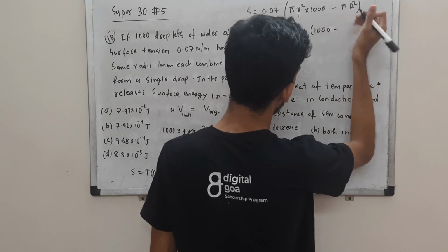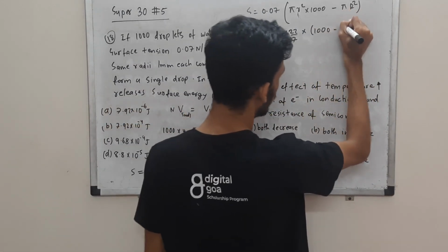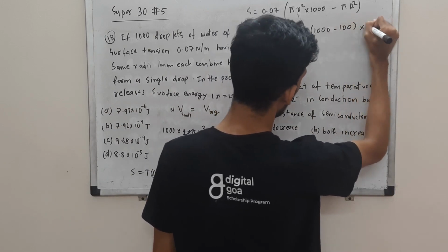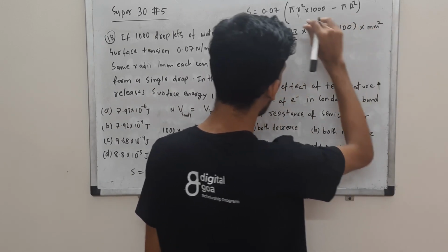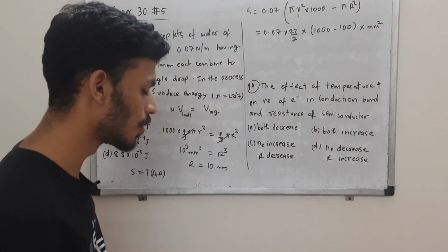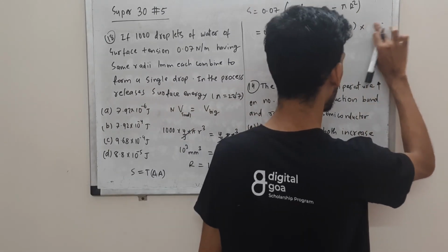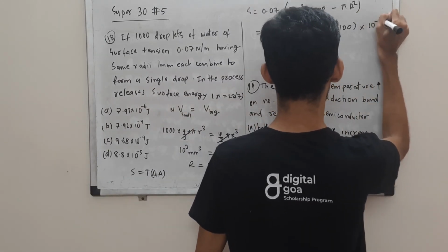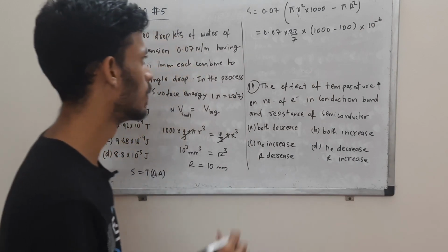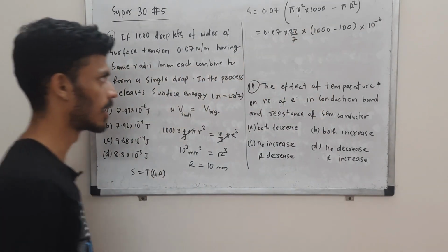R is 10, I'm placing it in millimeters only, so 10 squared is 100, and we'll have the millimeter squared factor common. 1 millimeter is 10 to the power minus 3, and that squared is 10 to the power minus 6. So I have converted it into meters, because we want the answer in joules, the standard unit.